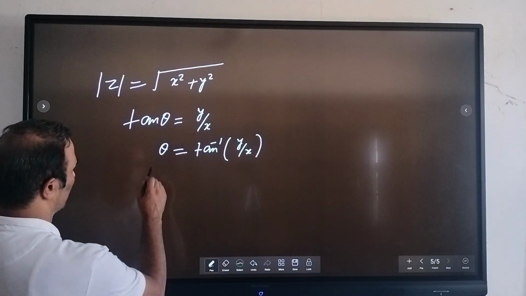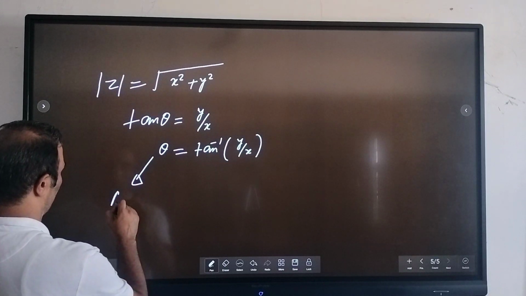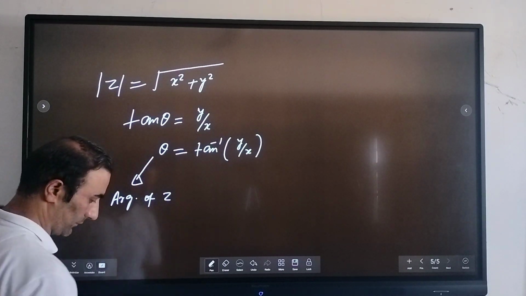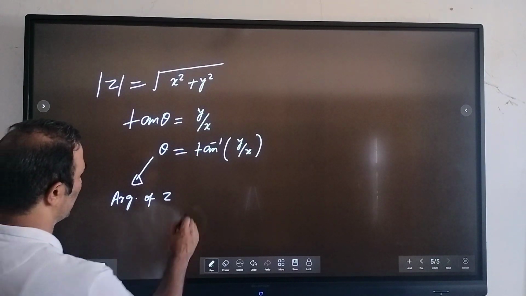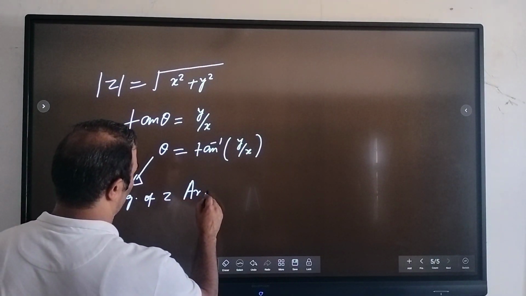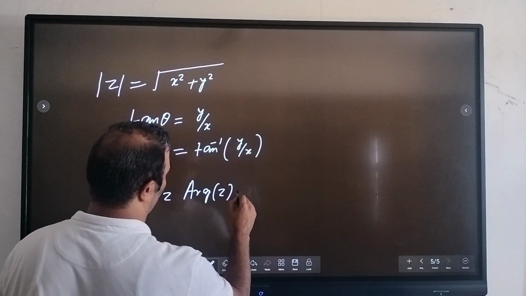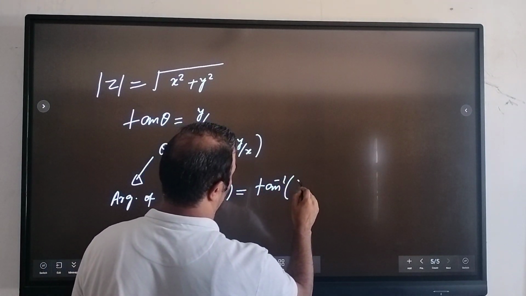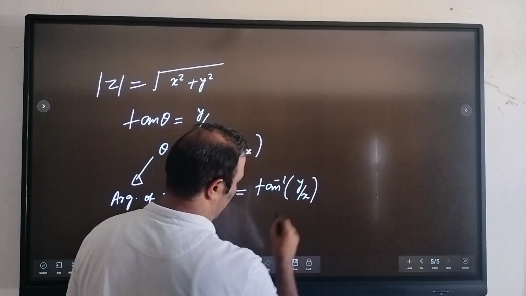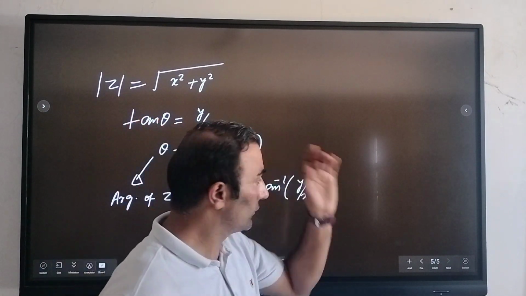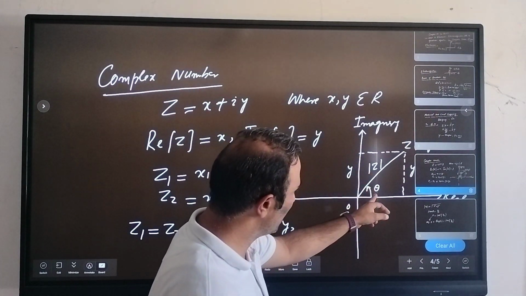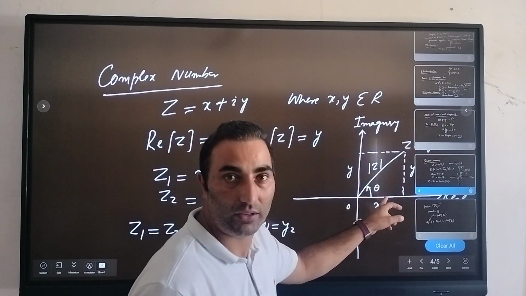So this theta is called the argument of z. You need to take this angle counterclockwise, right?